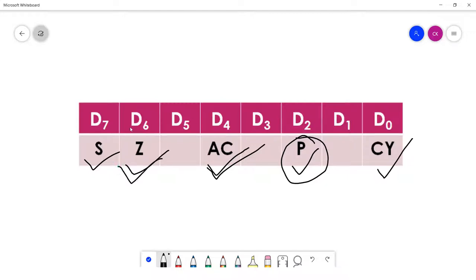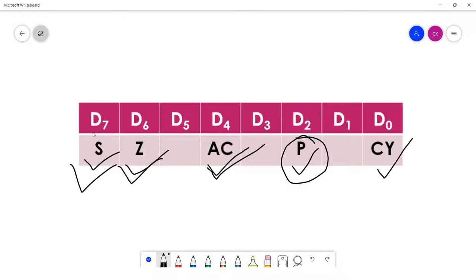Then zero flag. If the result of the operation is 0, then the zero flag will be set, otherwise it is reset.